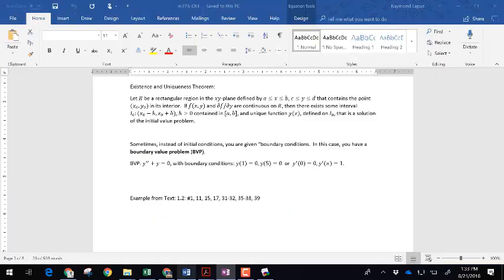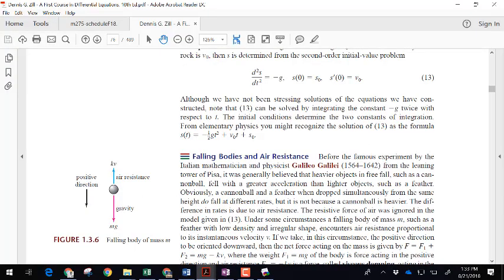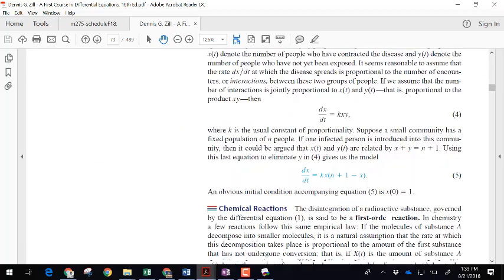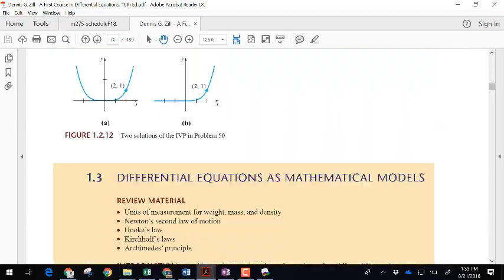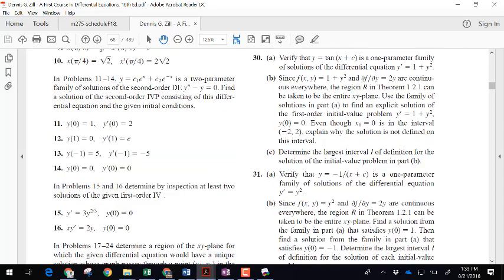It says in my notes we should try some problems. Let's do one of them.